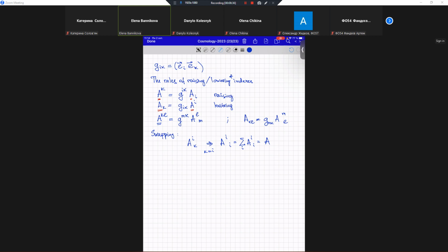For example, I have A_rkml, but I can do the operation if I want to obtain the contraction of the tensor. I will put m equal i, and it will be A_ikil. So I will obtain a tensor of the second rank.